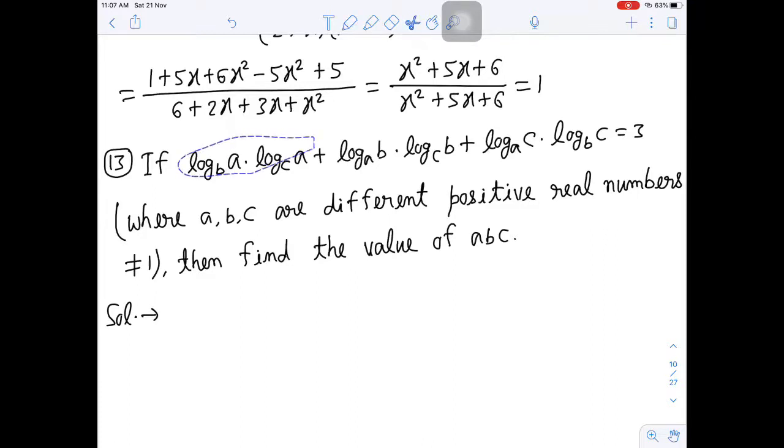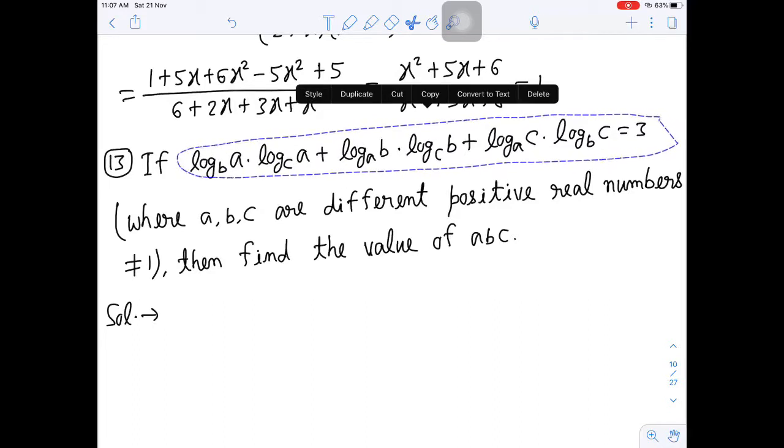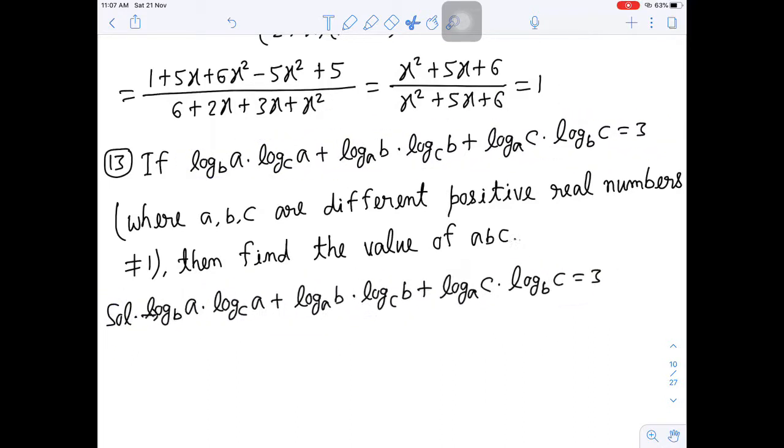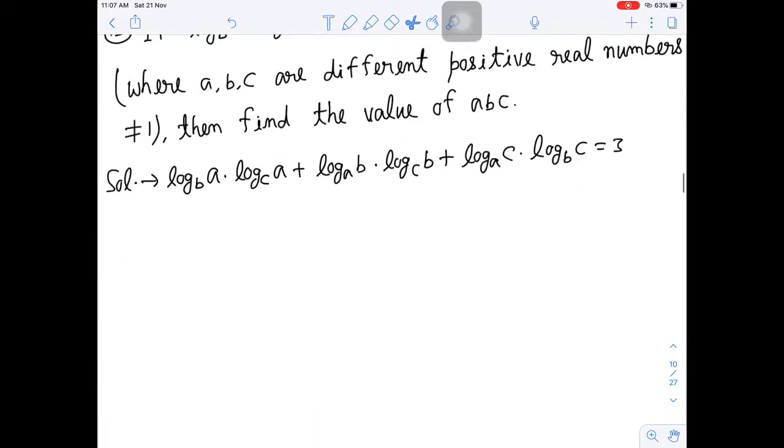Okay, so first of all, this equation, you can write it as log a base b. You can write it as log a by log b. Then log a base c can be written as log a by log c.